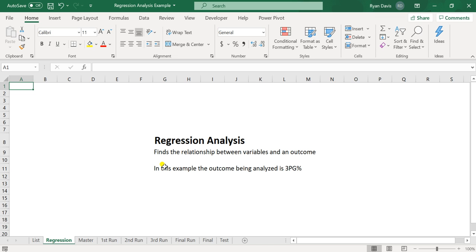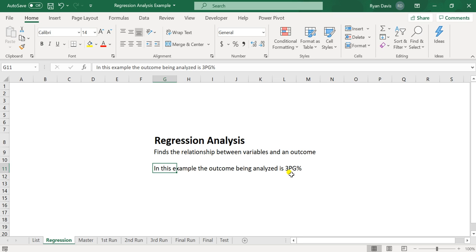So the example that I'm going to be looking at, I had a unique spin on this because it's not directly related to a business or a customer. But I wanted to have some fun with it and just show you how versatile some of the analysis tools that I have are. So in this example, I'm looking at the outcome of 3 point field goal percentage.